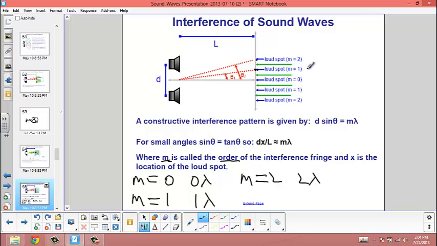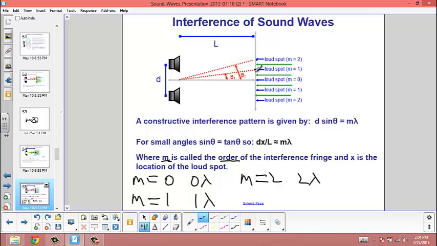And this is beautiful. Here's another beautiful thing. We have a 0th fringe right in the center, but there's symmetry about the locations. You'll have a first order fringe some distance above the loud spot, or the central fringe, as well as below.